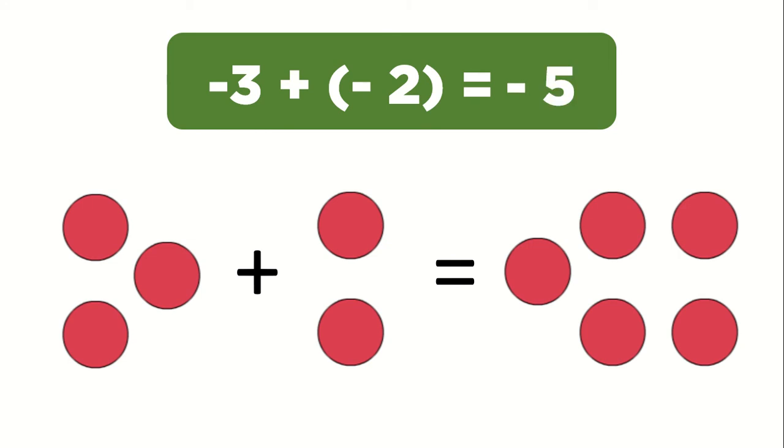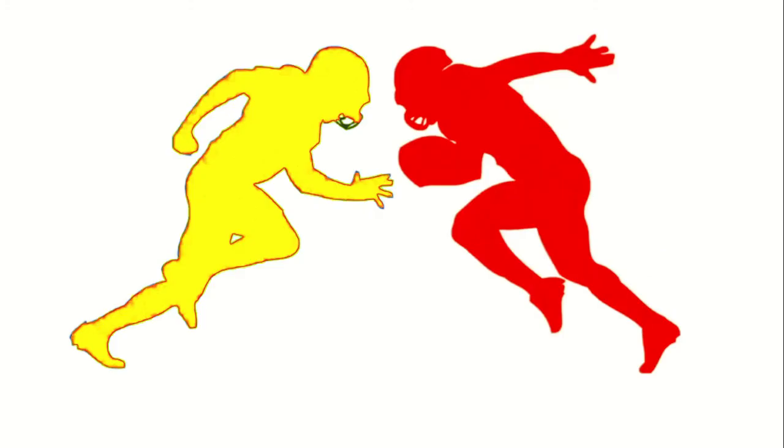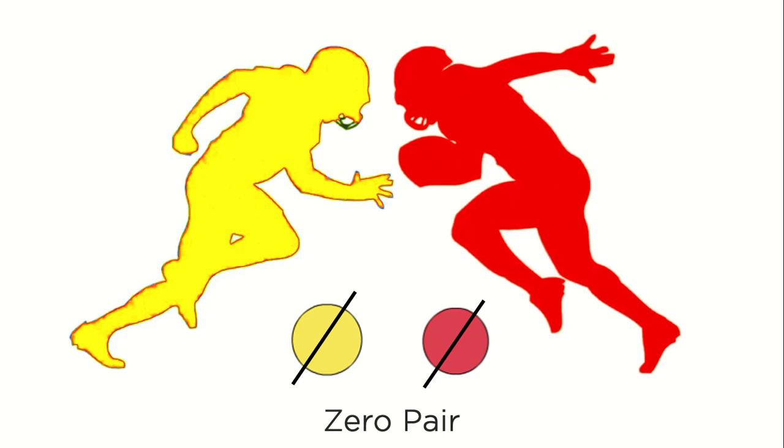But sometimes there are situations wherein you will be combining red and yellow, and that is where the competition will start. Adding one yellow with one red, they will cancel out. We call that a zero pair.